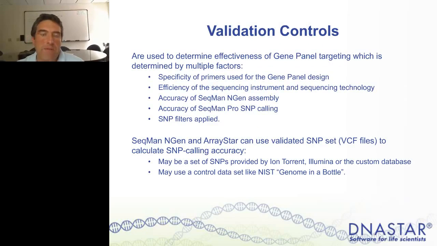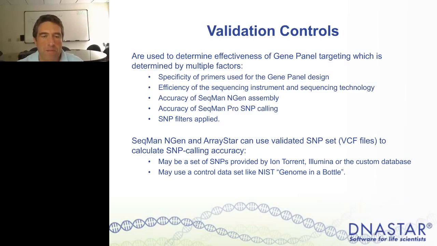The validation control is used to determine the effectiveness of the gene panel targeting. This includes how specific the primers are, how efficient the sequencing instrument was, what the accuracy of the assembler and the SNP caller is, and in addition the filters that are applied to the SNPs that are called.